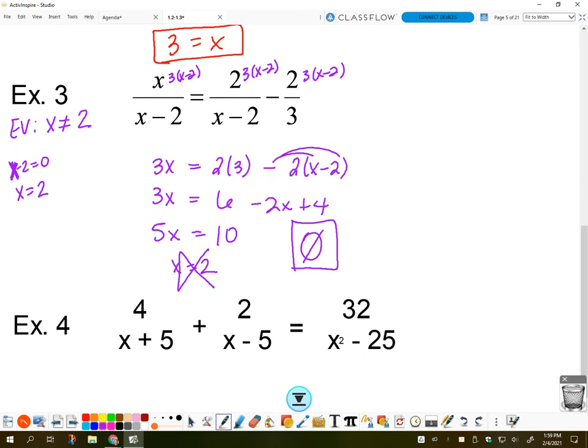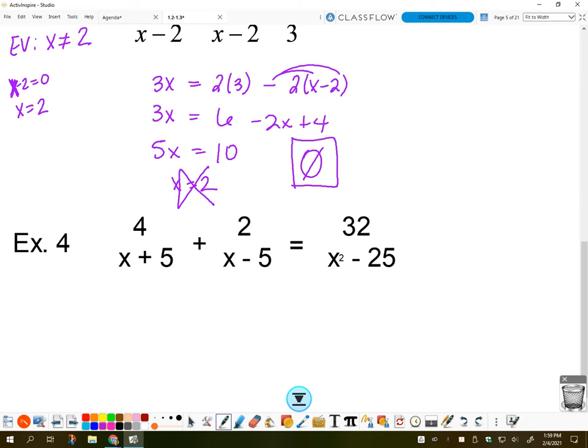Alright, number 4. These are supposed to be fractions, but for some reason the fraction values are not showing up, so we'll draw them all in. Up to this point, all of the denominators were nice and simple and not factorable. But if you look at this denominator, I believe it's a difference of squares, so we can say x plus 5, x minus 5.